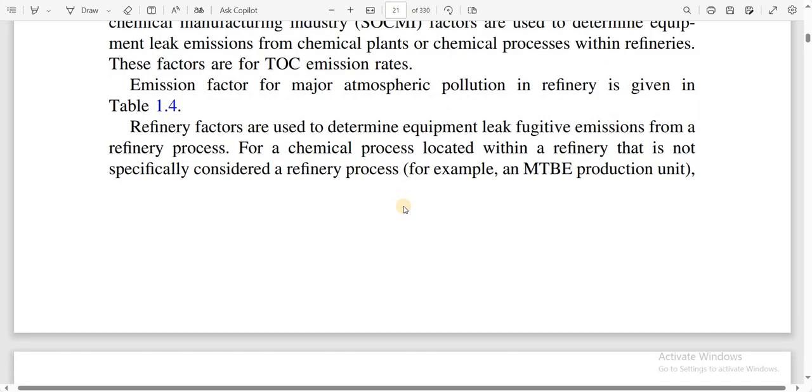Refinery factors are used to determine equipment leak fugitive emissions from a refinery process.